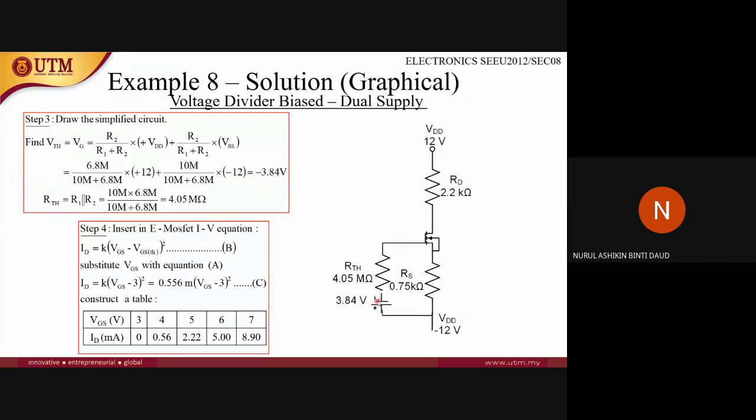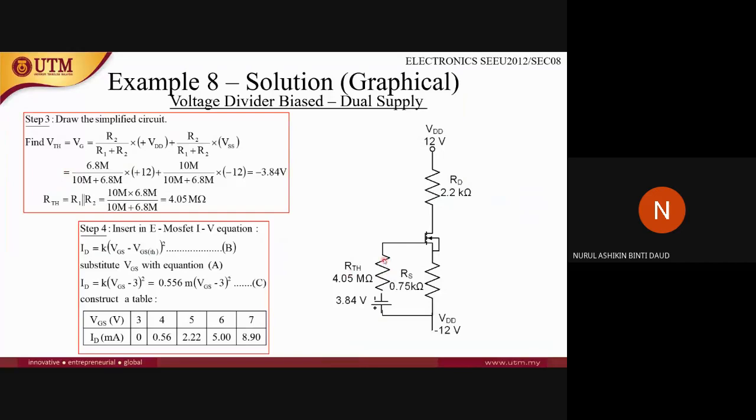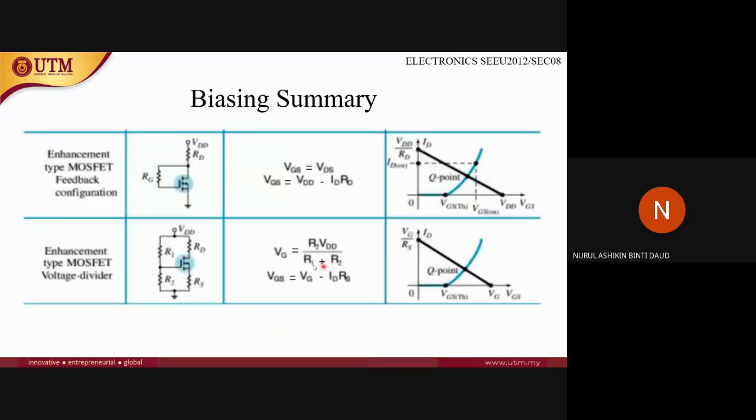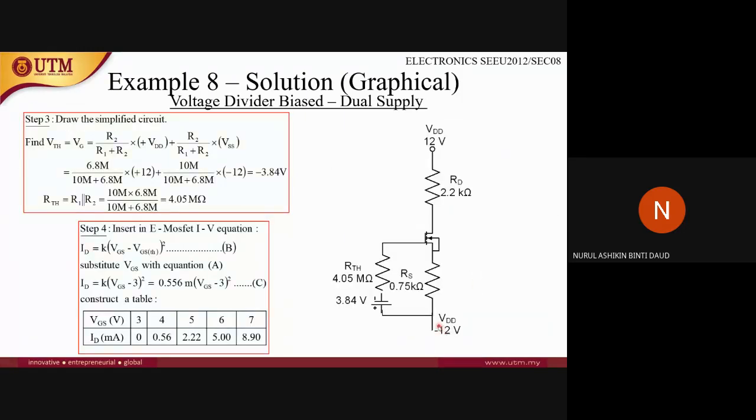So it will be minus VG, then minus with this VGS. Since IG is 0, you don't have to bother with this resistor. Then minus with this ID RS, and then plus with VDD.